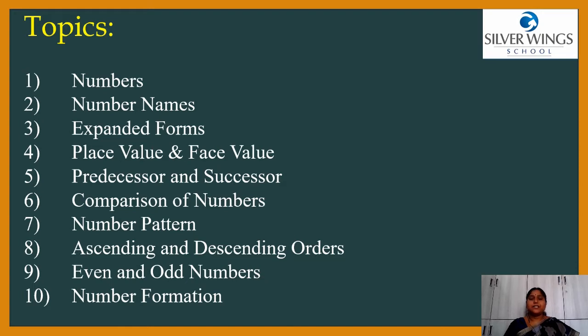Next, how to compare the numbers, which is the largest number, which is the smallest number. Next, number patterns, how to write patterns of 4-digit numbers. Next, how to write the 4-digit numbers in ascending order, and how to write the given numbers in descending order.